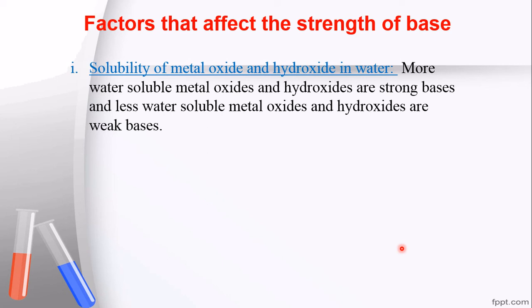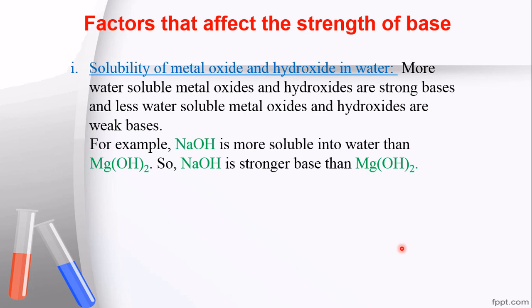And if they are not dissolved in water properly, they are weak bases. For example, sodium hydroxide is more soluble in water than magnesium hydroxide. So sodium hydroxide is a stronger base than magnesium hydroxide.